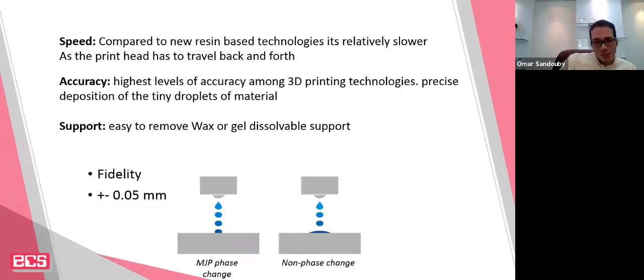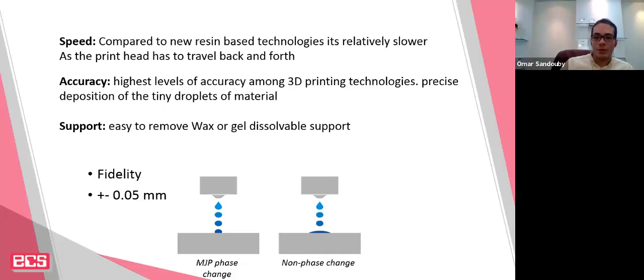So when it comes to speed, this technology is relatively slower than the other, let's say, non-contact membrane technology, due to the fact that you still have to make the print head travel backwards and forwards, as well as it also goes in the Z direction to be able to create the part in 3D. But the key thing that really makes this technology shine and stand out compared to all the other technologies that we talked about is the accuracy with which we can build the parts.